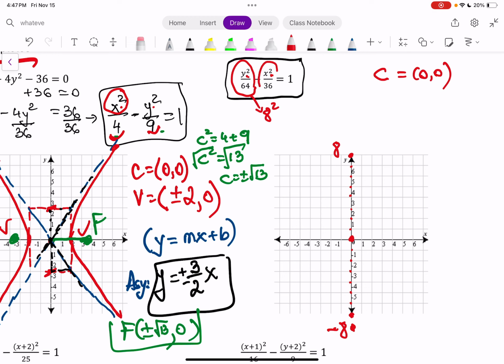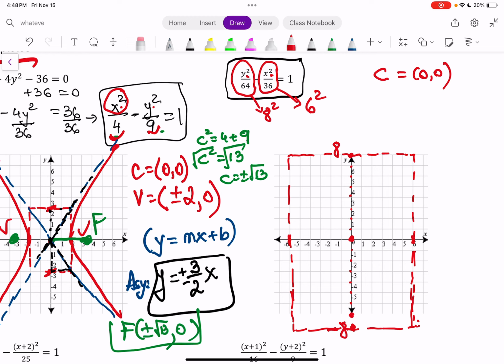In an x direction, I see 36, and that is 6 squared. So I'm going to go 6 units left and 6 units right. And again, I'm not connecting these points as I would with an ellipse, but I'm using them to draw a box.